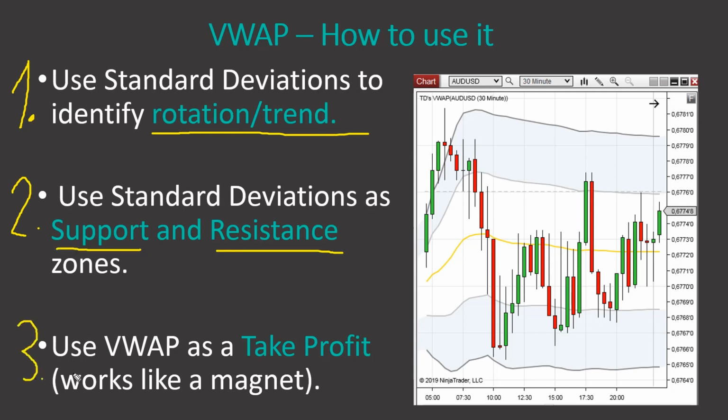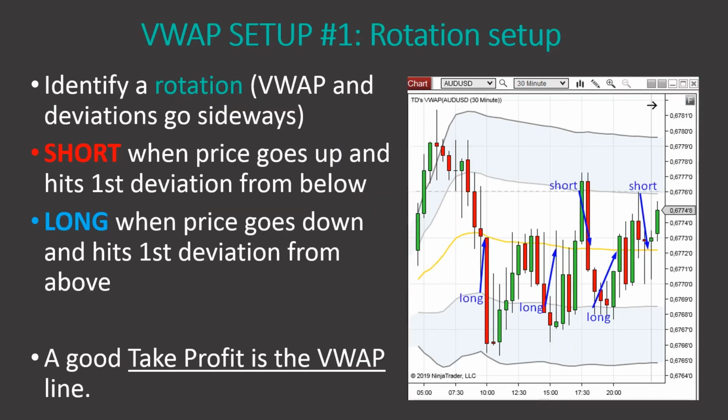And third, use VWAP, that's the yellow line in the middle, as a take profit. The reason for that is it works as a magnet. So remember those three points. You can basically build your own strategies around those. I'll show you mine.